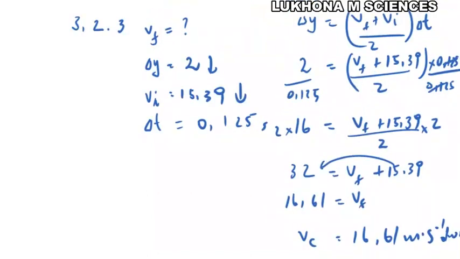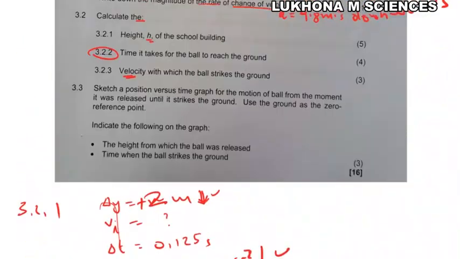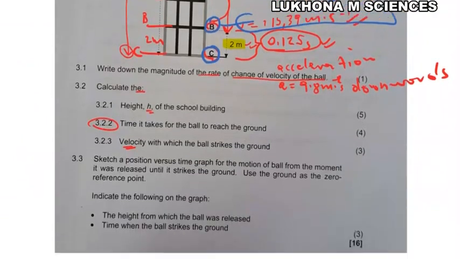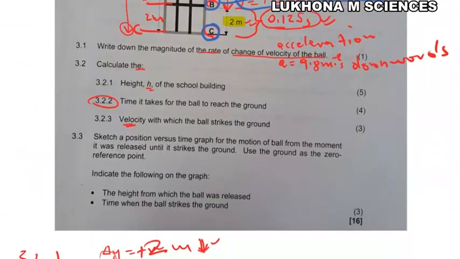Then the last question says, sketch the position versus time graph for the motion of the ball from the moment it was released until it strikes the ground. Use the ground as a 0 reference point. So it is very easy.